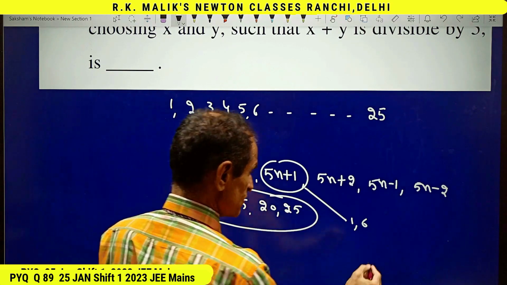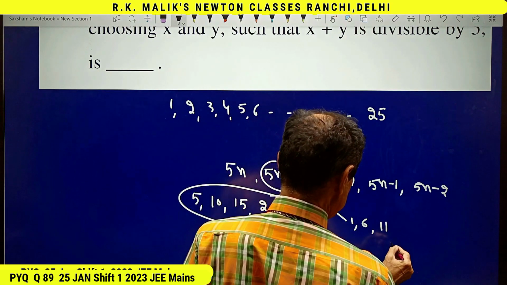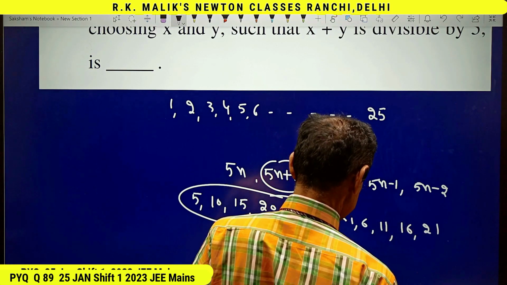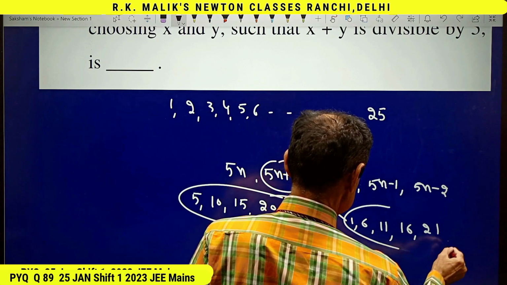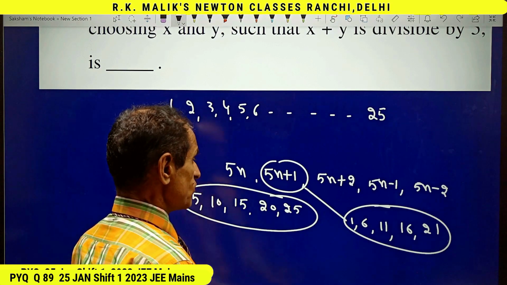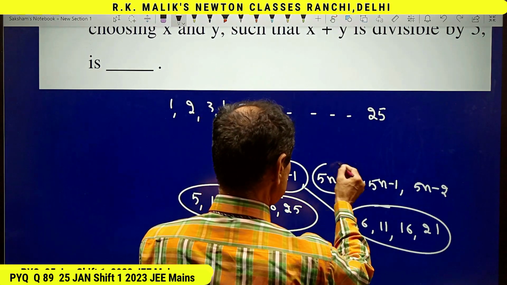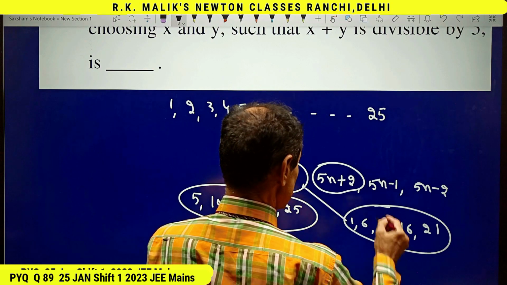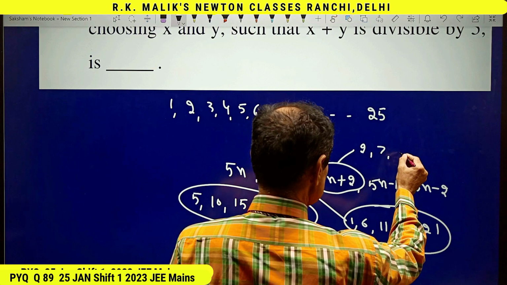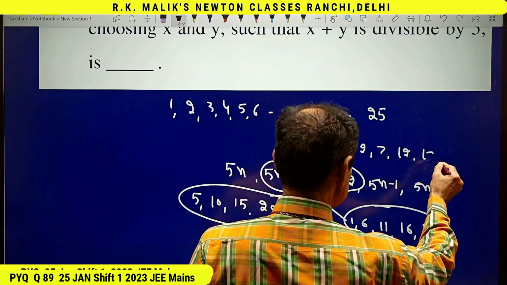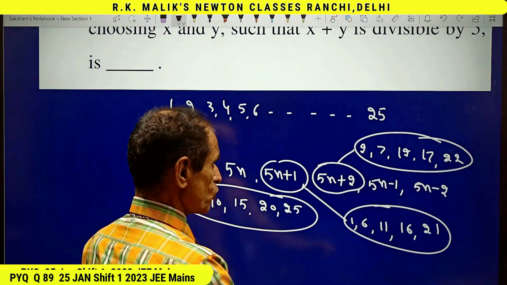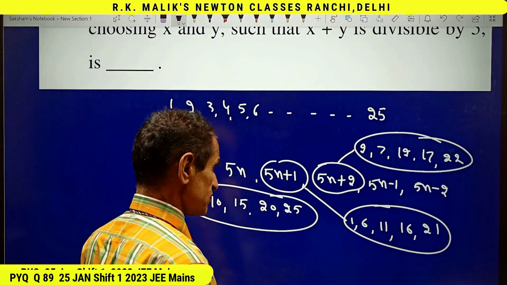1, 6, 11, 16, 21. That is these 5. And 5 numbers are of this form, which are 2, 7, 12, 17 and 22. Note that 2 will be obtained when n is 0.